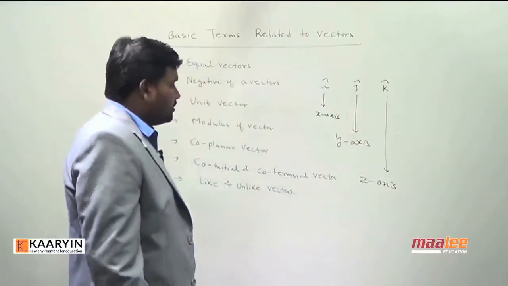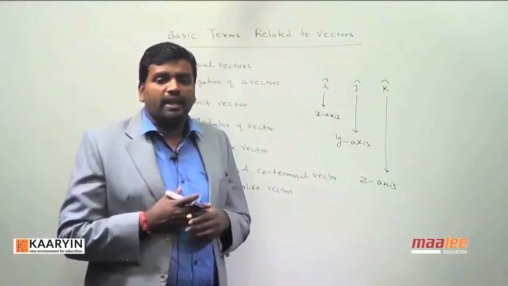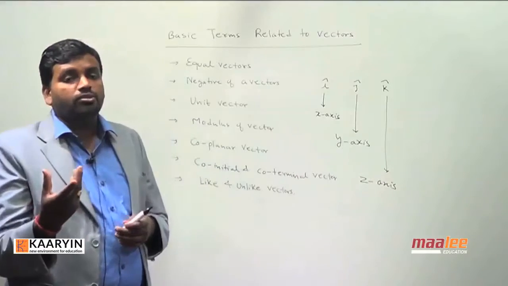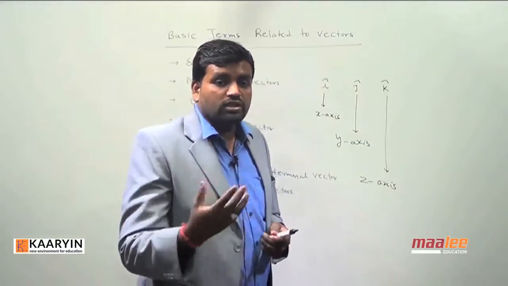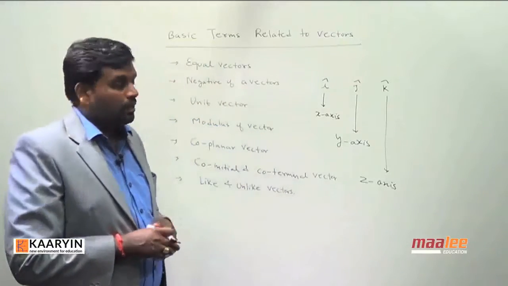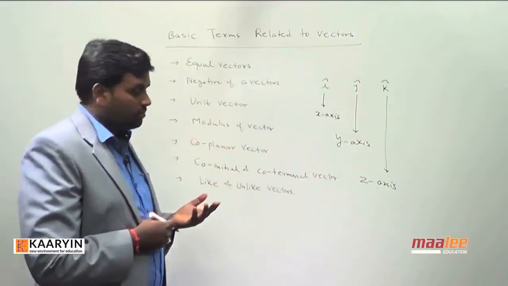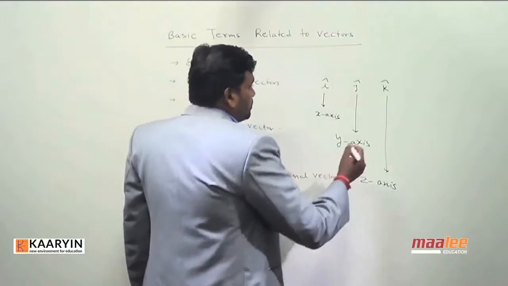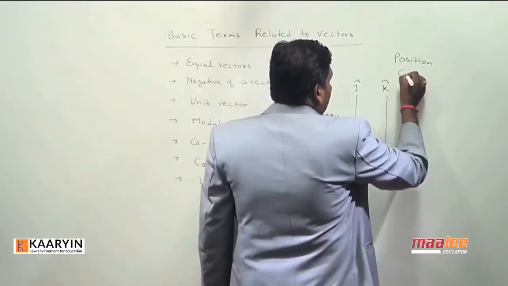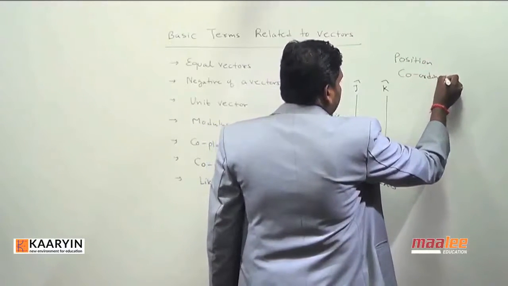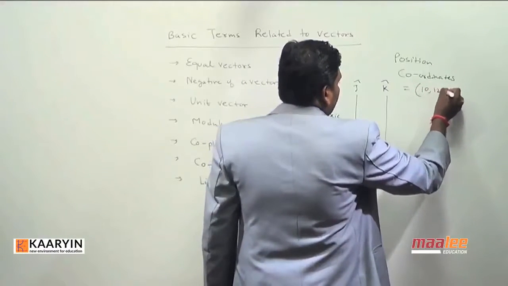Suppose a bird is flying in air. Okay. So this is which type of motion? 1 dimension, 2 dimension or 3 dimension? So this is 3 dimension motion. Suppose a bird is flying in air, and after some time its position coordinates are, suppose, 10, 12, 14.